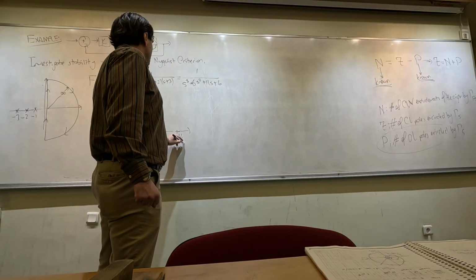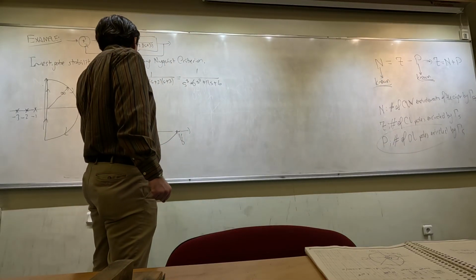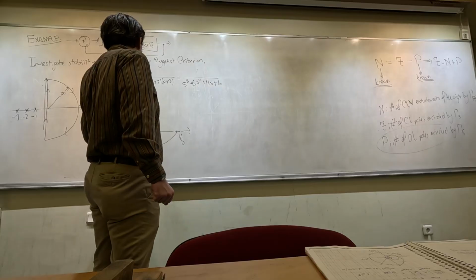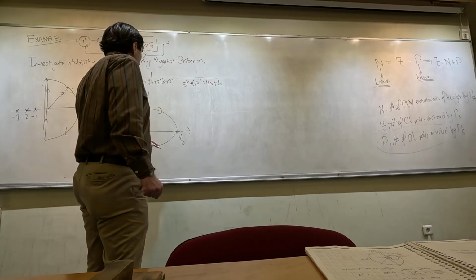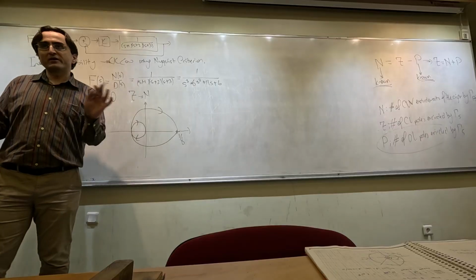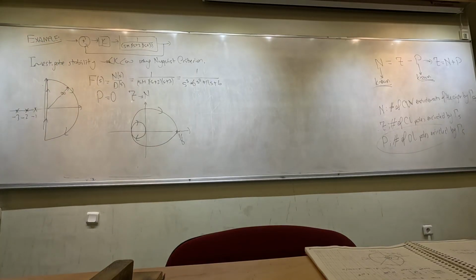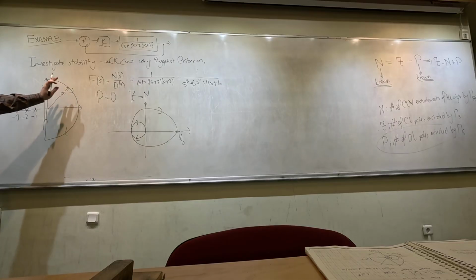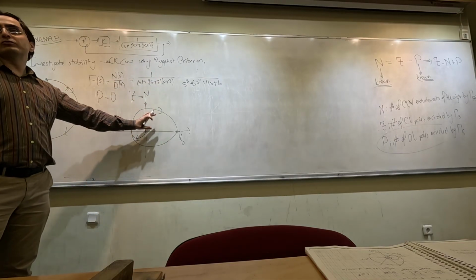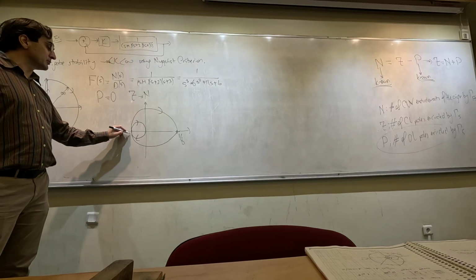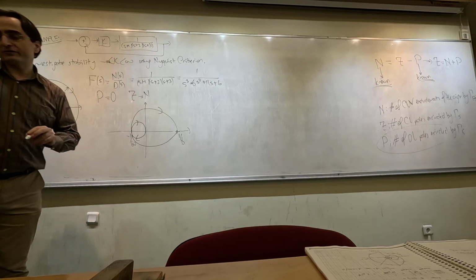This point is going to be 1 over 6, and my curve is going to be looking like this. Okay, this strange thing here. As I told you, you won't understand how I can draw this thing, but this is going to be the result. After I transform this contour by this transformation, I'm going to get this thing. And this point is going to be minus 1 over 60.